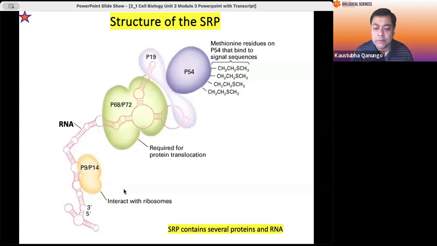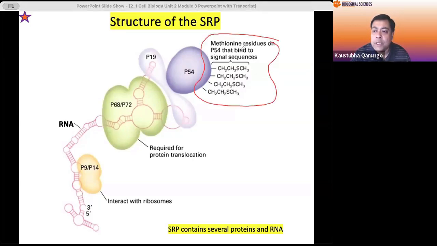Different subunits interact with the ribosome and are required for protein translocation. And this is what we just talked about. These are some of the residues that bind to the signal sequences. See that right here? These are all hydrocarbon chains, and they are all hydrophobic. That is very important.